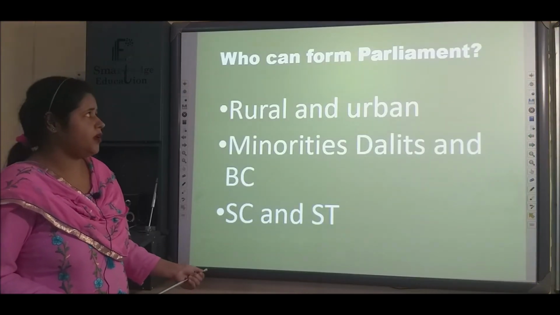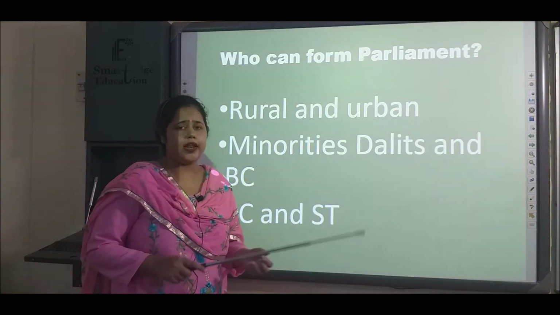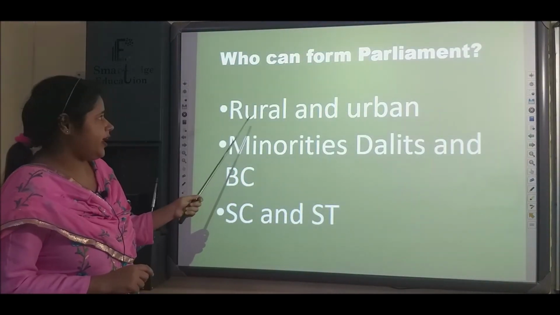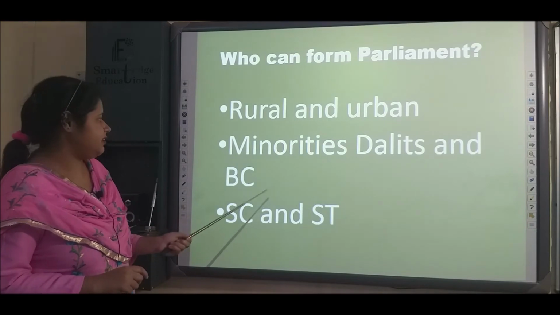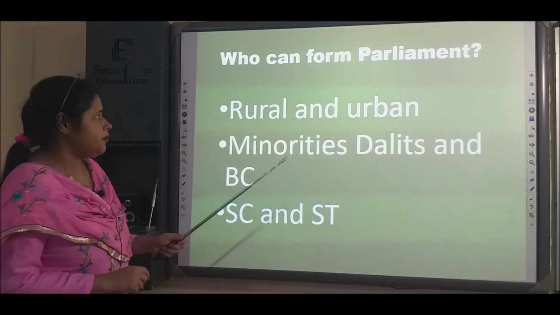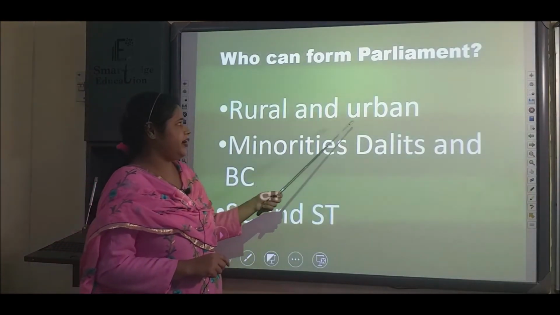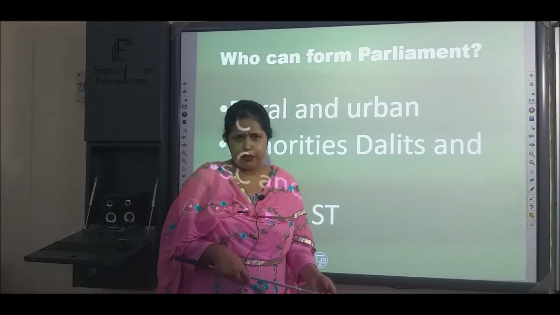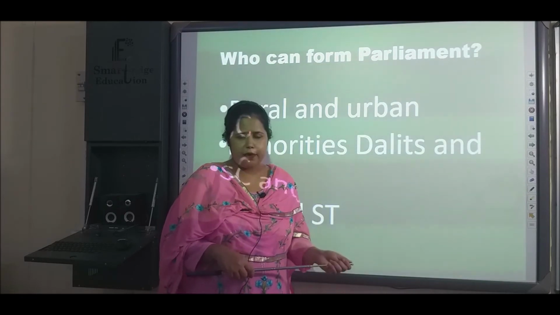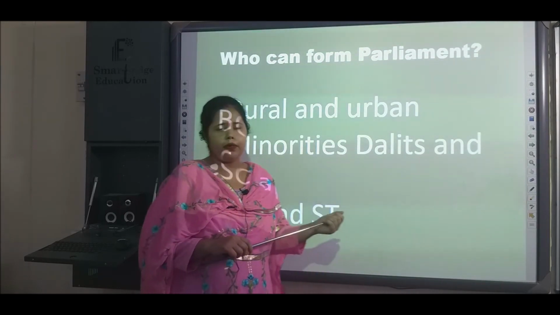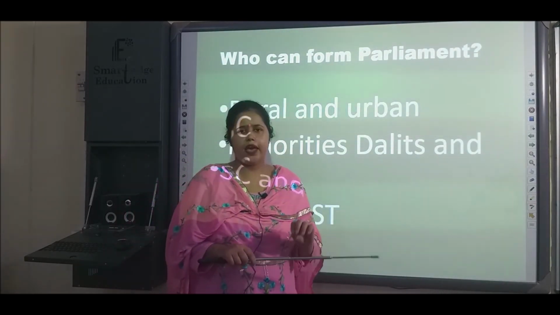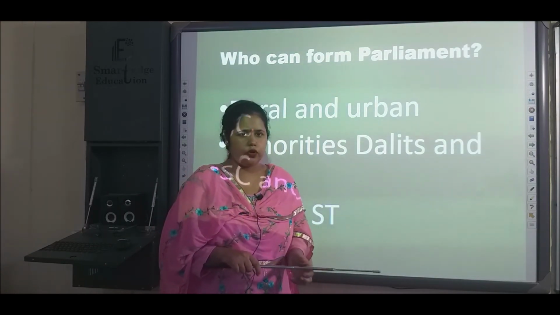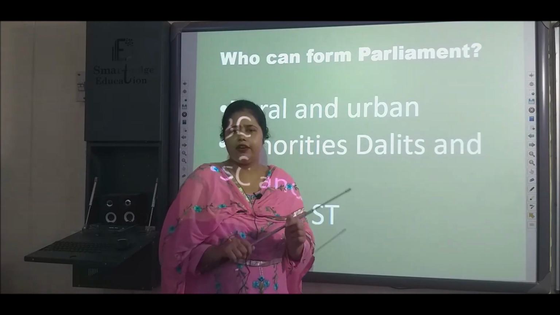Now we will discuss who can participate in parliament. Rural and urban, minorities, Dalits and BC, SC and STs. What does it mean, rural and urban? We see that not only urban people but rural people can also participate and become MPs, members of parliament, even if they are living in rural areas. It shows freedom and equality also.